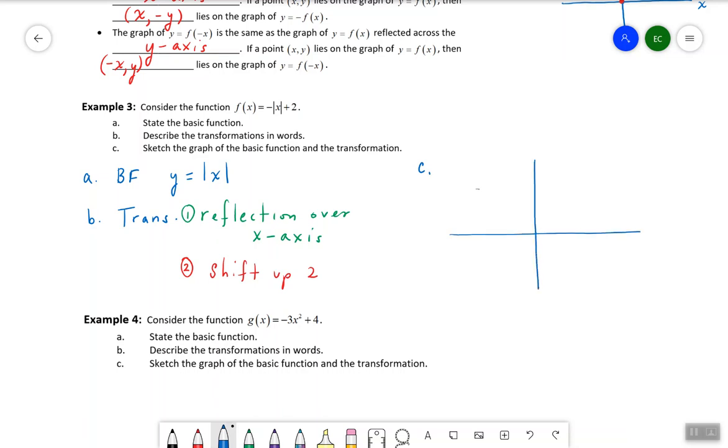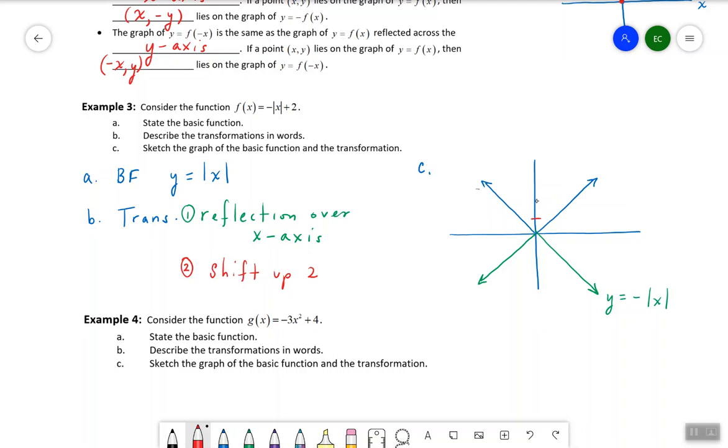We're going to start with the basic function, the absolute value function. And then we're going to reflect it vertically. So this would be y equals negative absolute value of x.